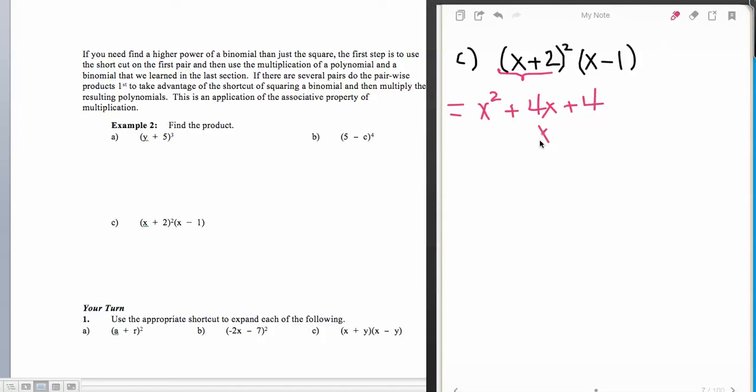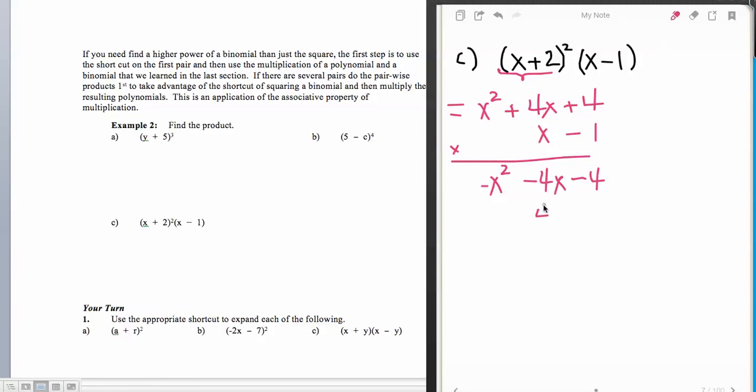And then we're multiplying that by x minus 1, so we can again do polynomial times polynomial. So negative times a positive is a negative 4 times 1. Negative times a positive is a negative 4x. Negative times positive is a negative x squared.